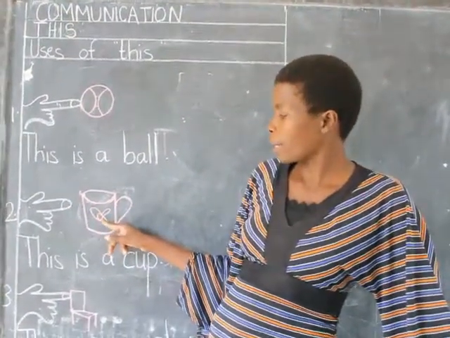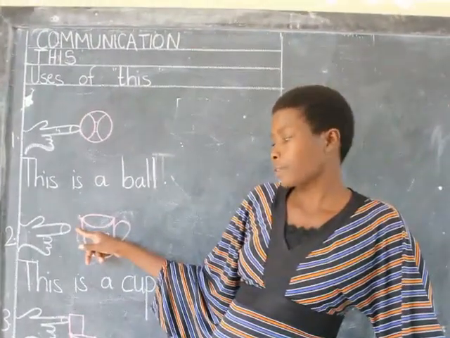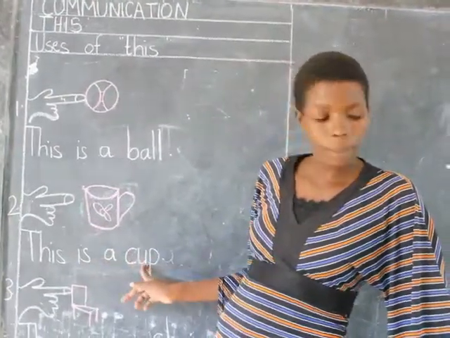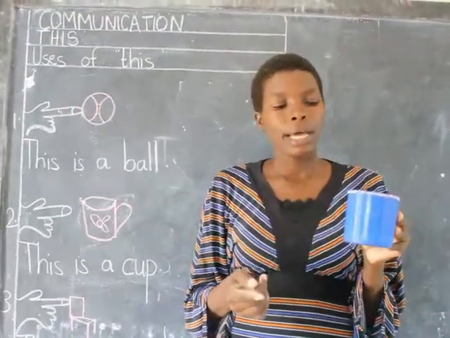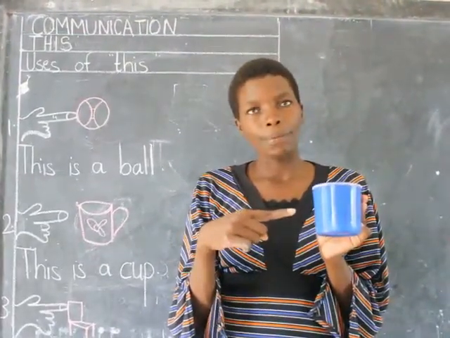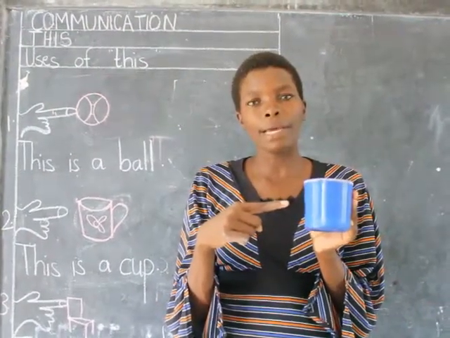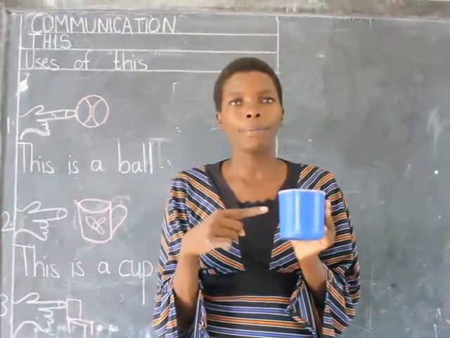So I have a cup here and the finger is here and I only have a small space left. So I say this is a cup. I'm holding a cup here, and I'm not touching the cup. I'm pointing at the cup. There is a small space left between my finger and the cup. So I say this is a cup.